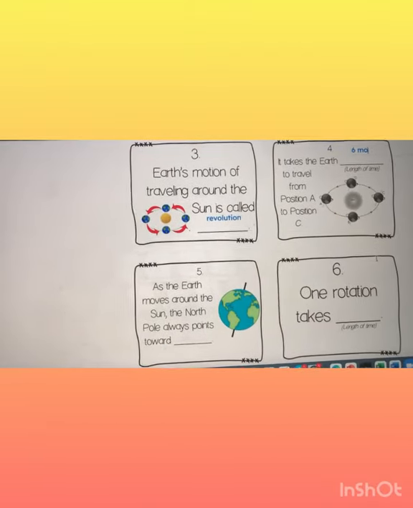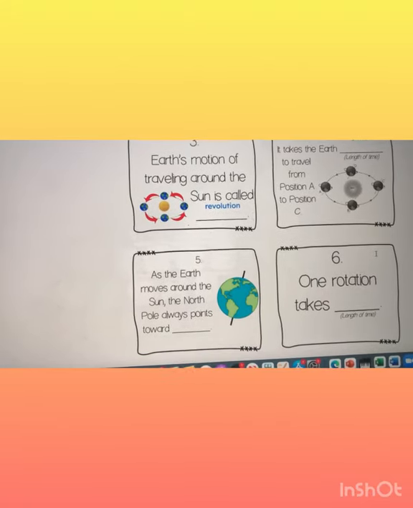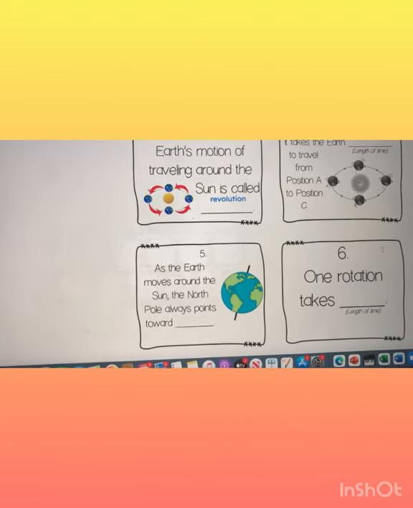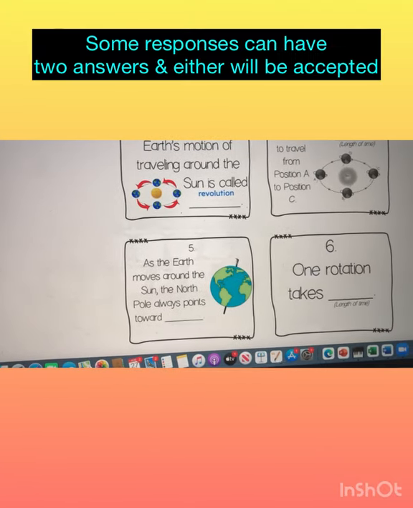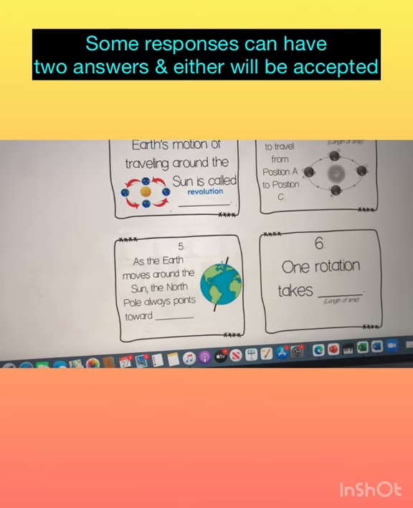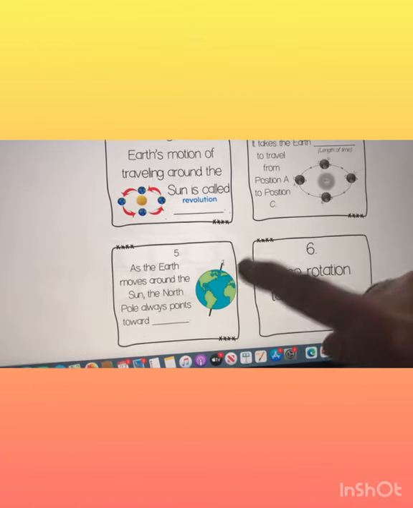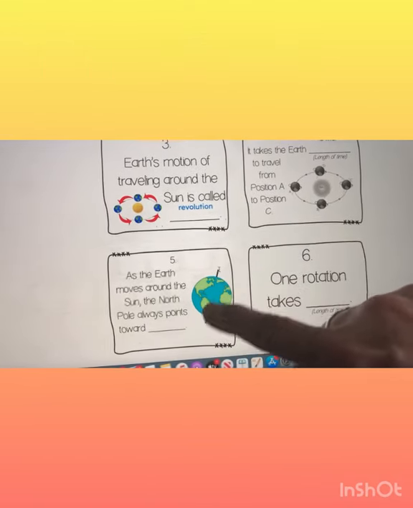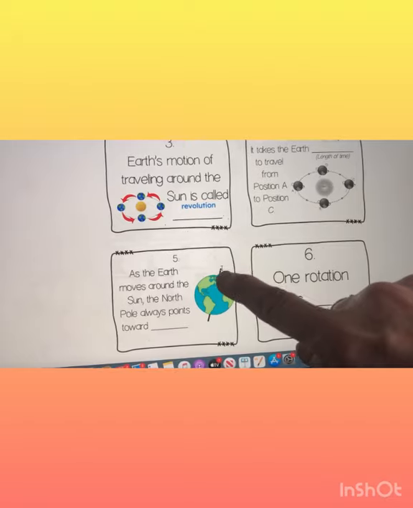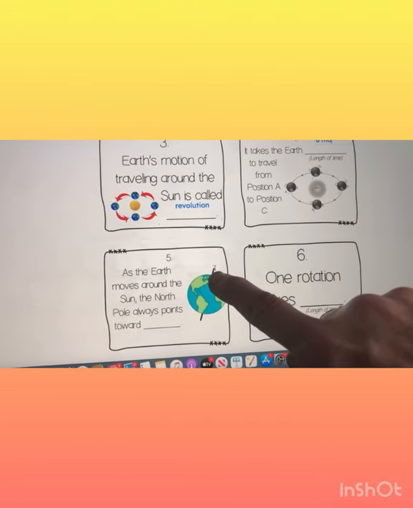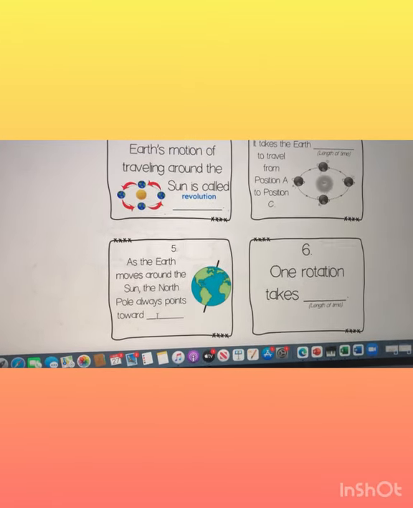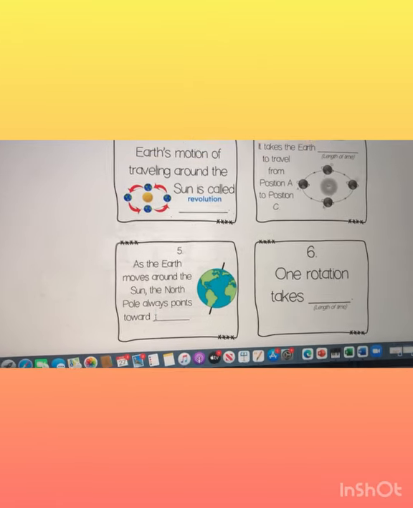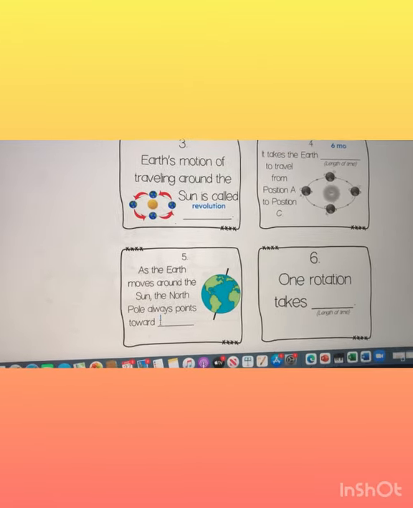As the Earth moves around the sun, the North Pole always points. This is the South Pole down here. This is the North Pole up top. So you've got north, you've got south. So where is the North Pole pointing up here? You can name it two different ways.